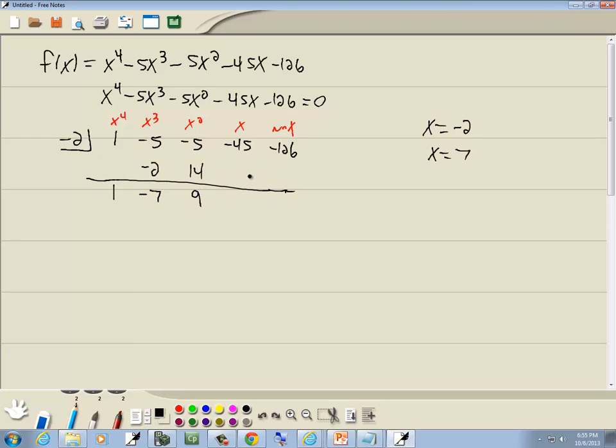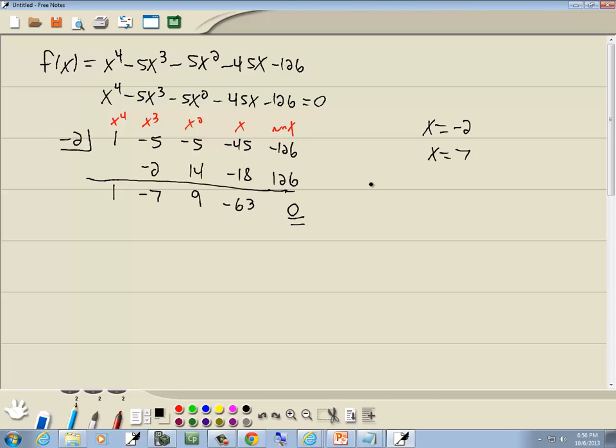Multiply. -2 times 9 is -18. Add. -45 plus -18 is -63, and multiply. -2 times -63 is 126. Add. -126 plus 126 is 0.